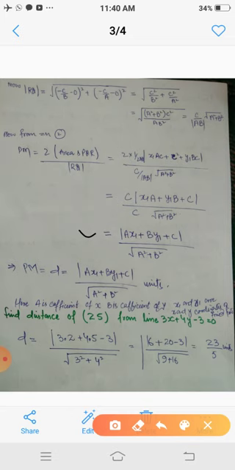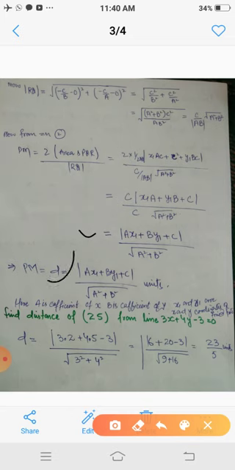Here ax + by + c is the expression in this equation. So simply replace x by x1 and y by y1, find the modulus of this number, and divide it by the square root of the sum of the squares of the coefficient of x and the coefficient of y, because here a is the coefficient of x and b is the coefficient of y.